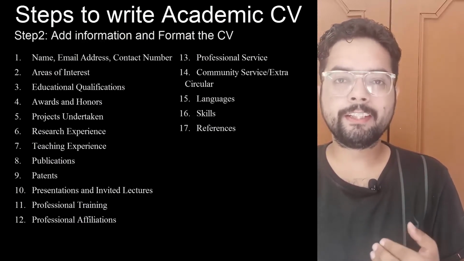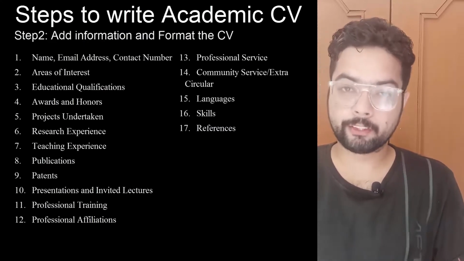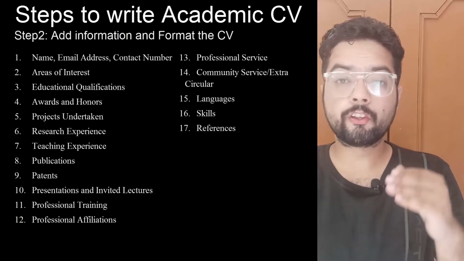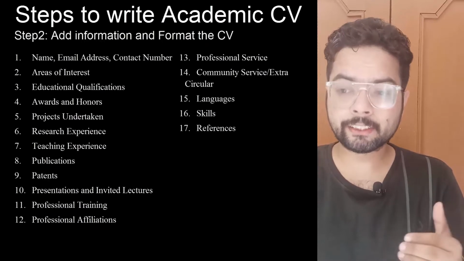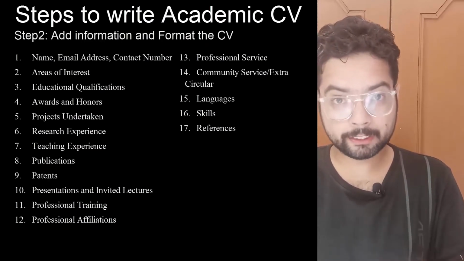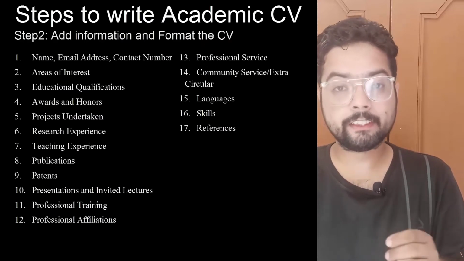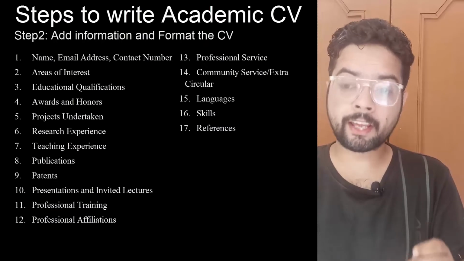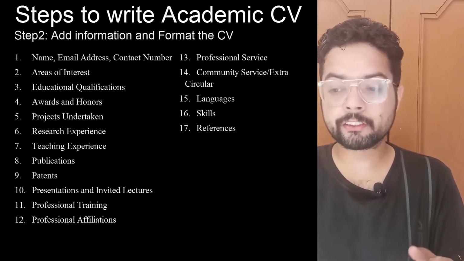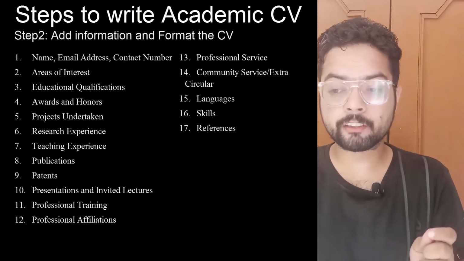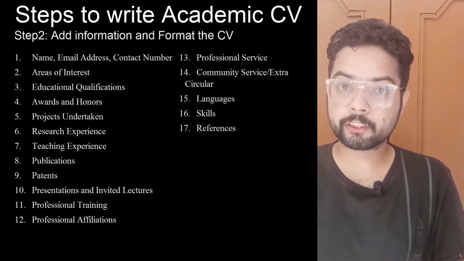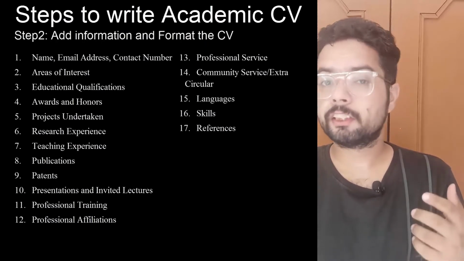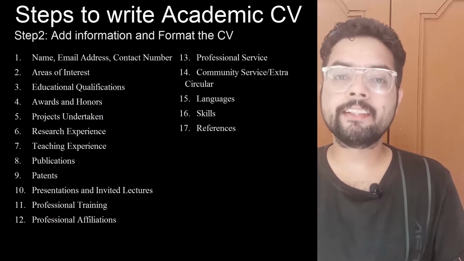Then it includes your area of interest, your educational qualification, awards and honors, the projects that you have undertaken, your research experience, your teaching experience, your publications, your patents, your presentations and invited lectures, your professional training, your professional affiliations, the services that you have done, any community service or extracurricular service, the languages that you know, the skills that you have, and finally the references.